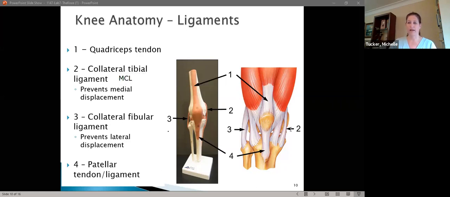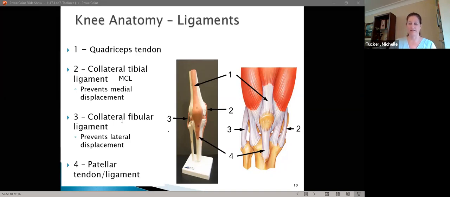In your lab exam, it will always be referred to as the collateral tibial ligament because we're trying to give you a hint that it is the one that attaches to the tibia. But if you're at an orthopedist, they will also often call it the medial collateral ligament because they're more concerned usually with function, and this is preventing medial displacement.